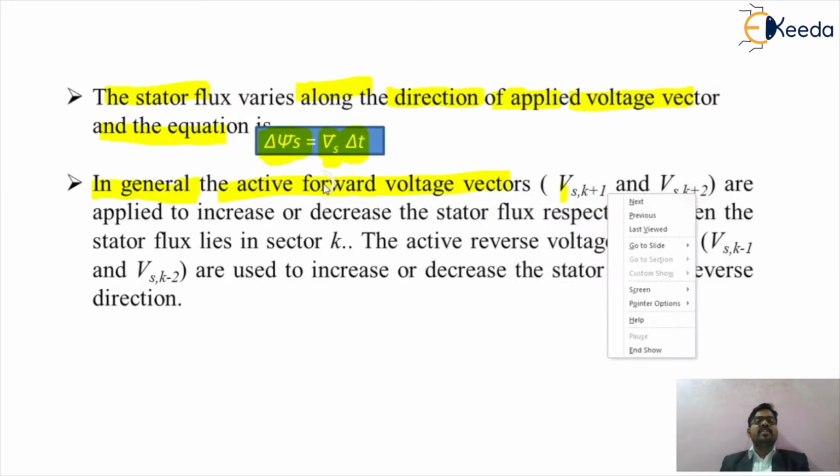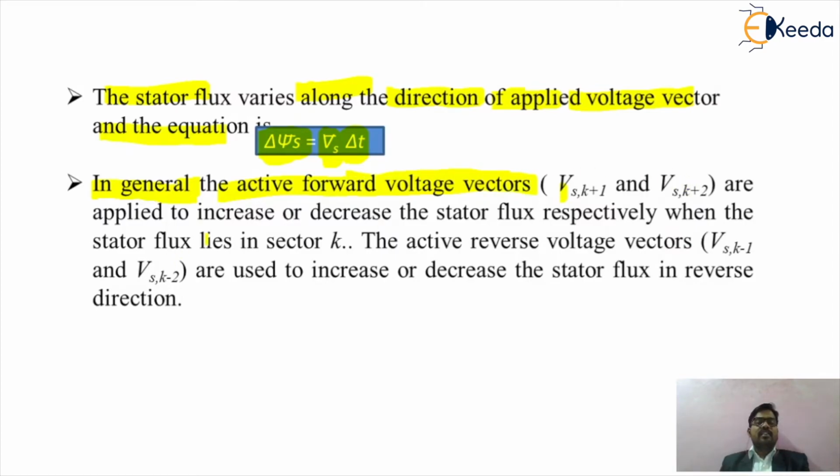These active forward voltage vectors are applied to increase or decrease the stator flux respectively when the stator flux lies in sector K. The active reverse voltage vectors, Vs k minus 1 and Vs k minus 2, are used to increase or decrease the stator flux in the reverse direction.